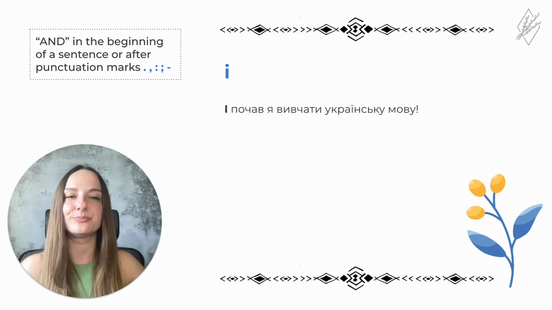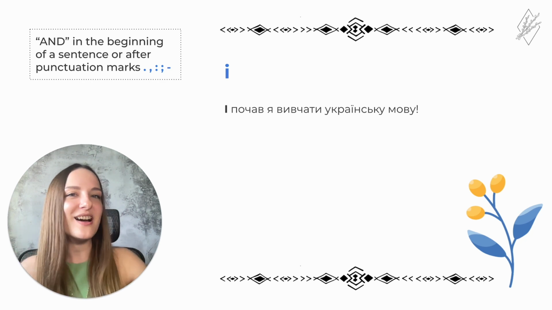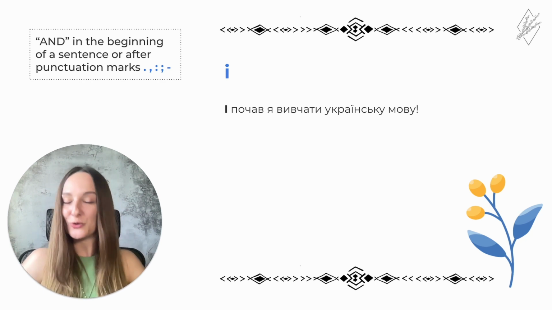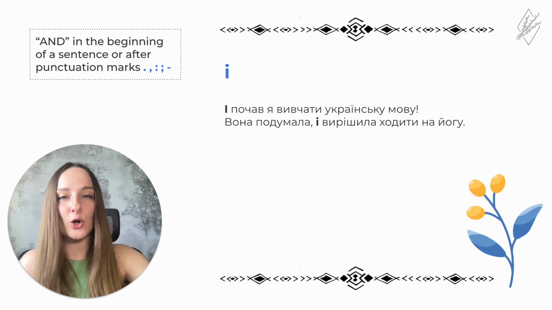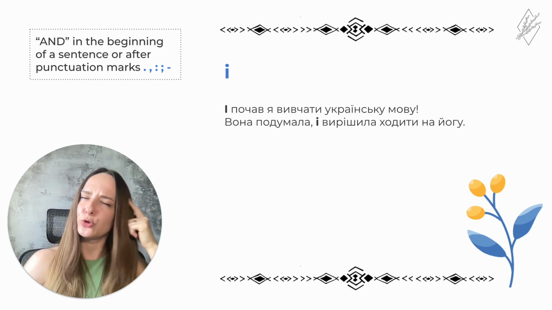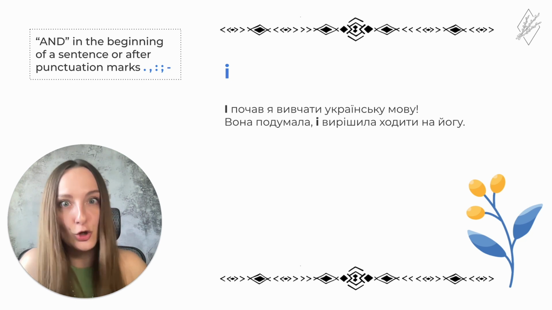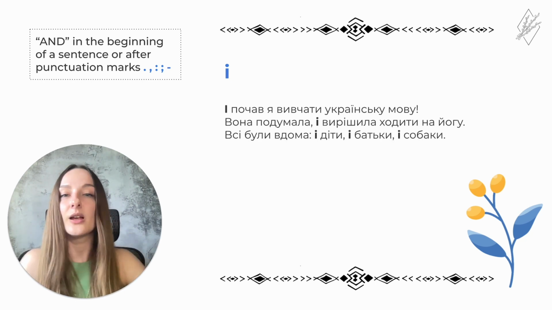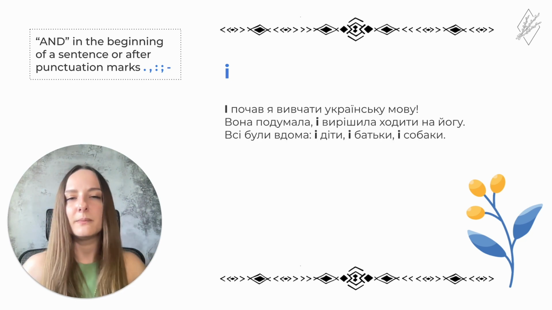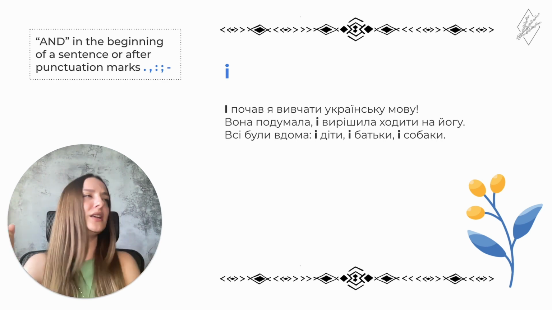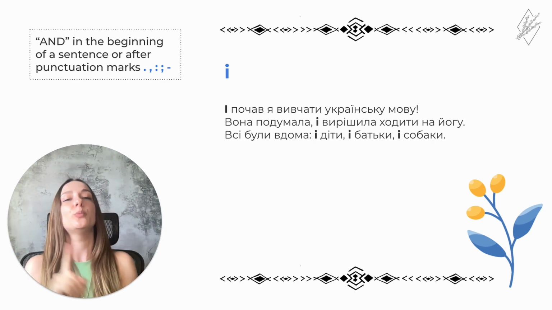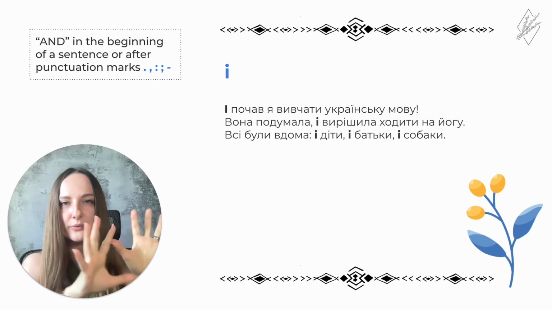For example, і почав я вивчати українську мову. Or вона подумала і вирішила ходити на йогу. Всі були вдома. І діти, і батьки, і собаки. So here we use і.